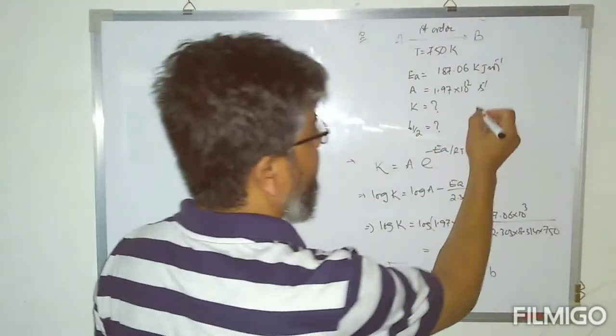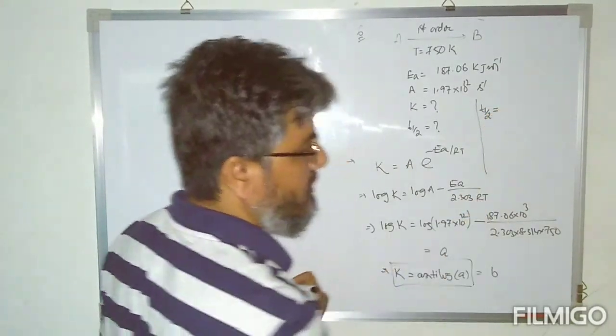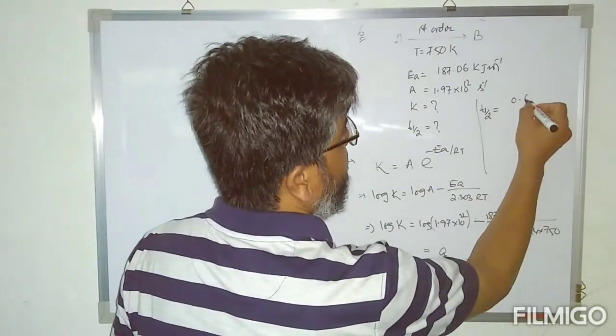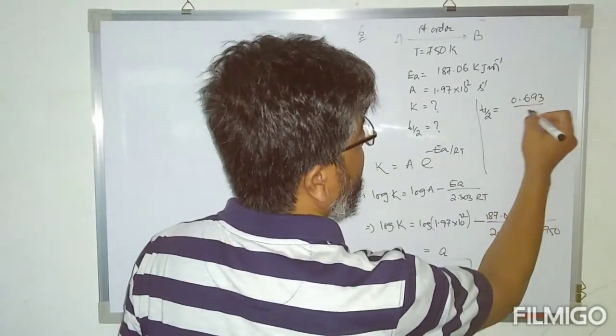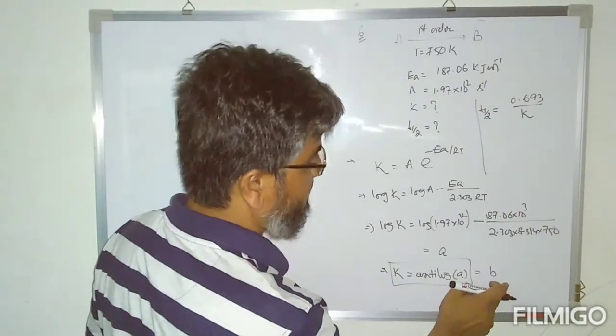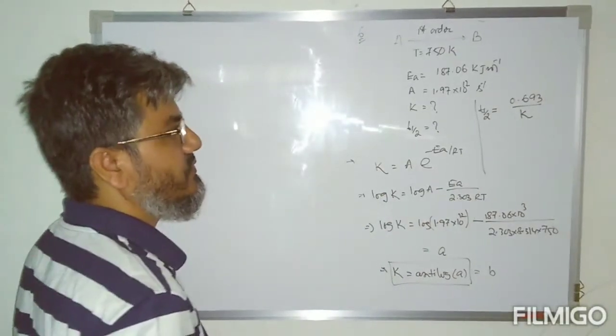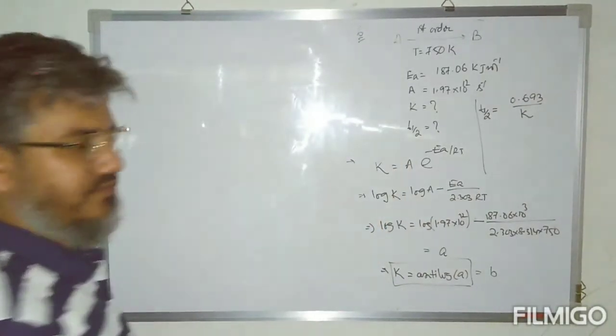For first order kinetics, the half-life of a first order reaction is 0.693 by K. We have the value of K here. Substitute the value of K and we will find this half-life.